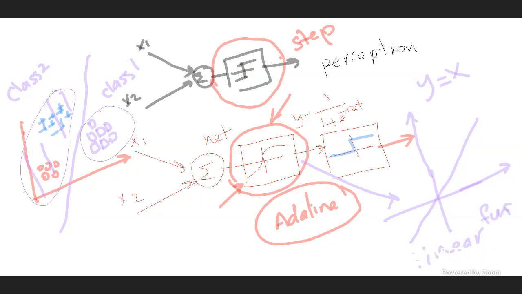So in fact, when it's a unit step, we use it for classification. This one we use for classification, and this one also for classification, in fact. But instead of giving me class one or class zero, for example, it will give me the probability. So it will give me a number between 0 and 1.